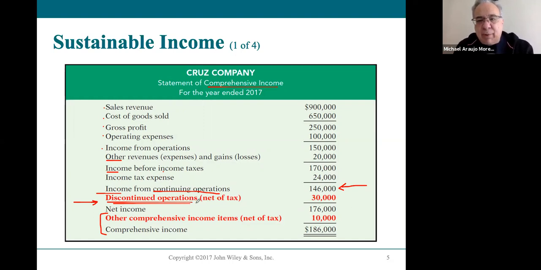So discontinued operations only happen once. If I made a whole bunch of consumable products and I didn't want to make peanut butter anymore, and I sold that peanut butter division to another company, I can only do that once. Once I sell my peanut butter division, that's it. It's a one-time thing.